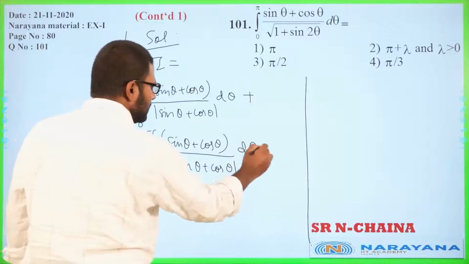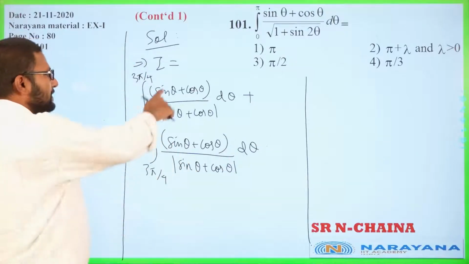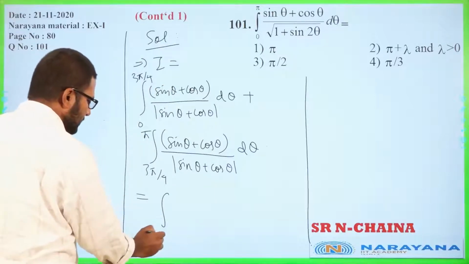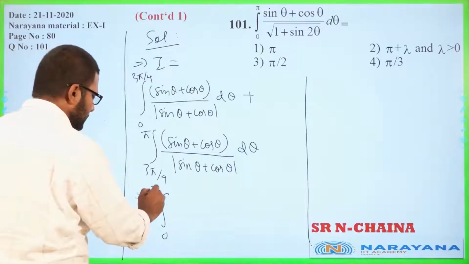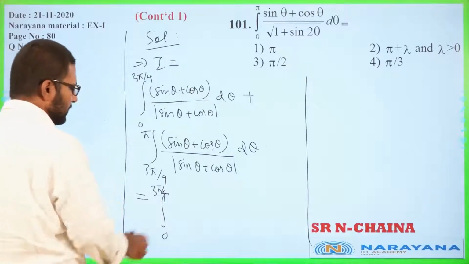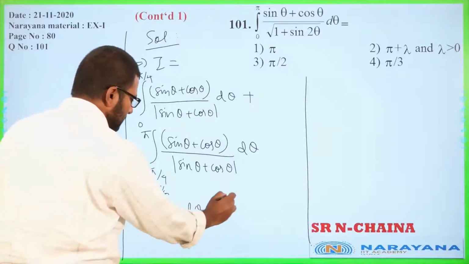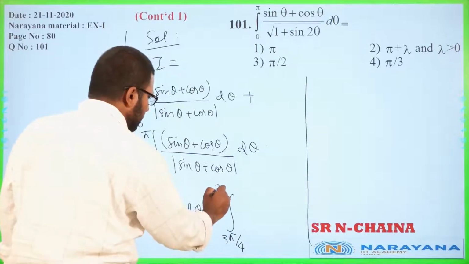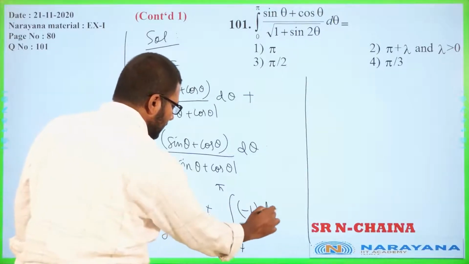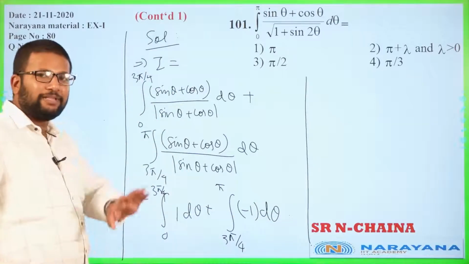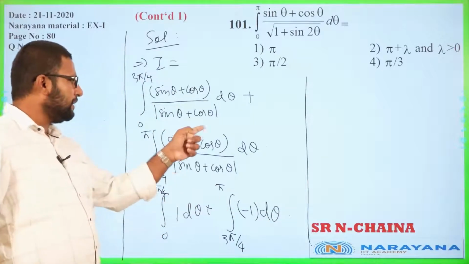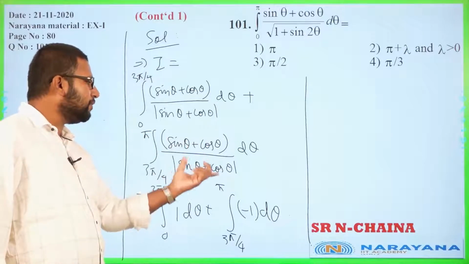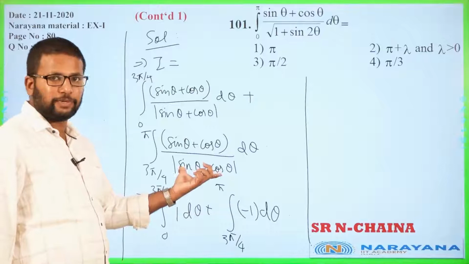Now once you split it like this, because somewhere it is positive, somewhere it is negative, it becomes integral 0 to 3 pi by 4 of 1 d theta plus integral 3 pi by 4 to pi of minus 1 d theta. I am assuming you understand that when it is negative, I get exactly the negative of the numerator and they cancel, and we get minus 1.